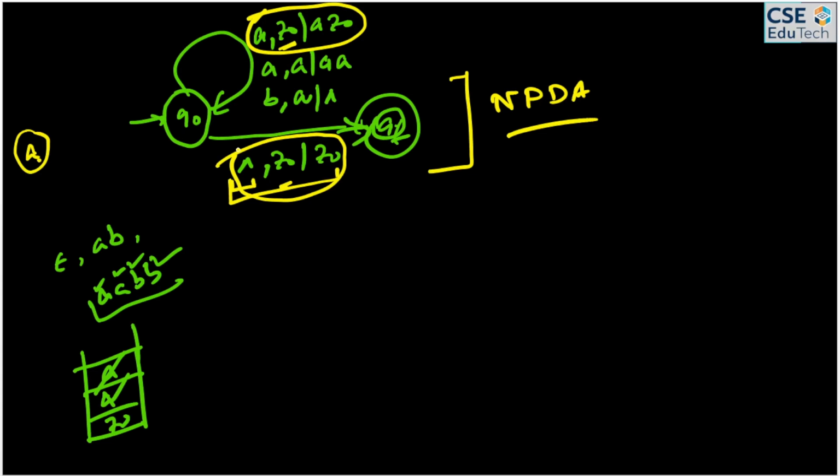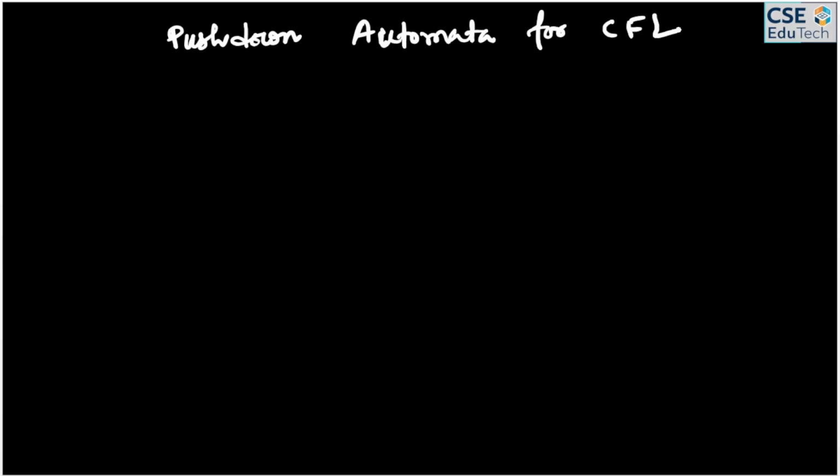Now we try to design a pushdown automata for a context free language. Okay, so we know the grammar.